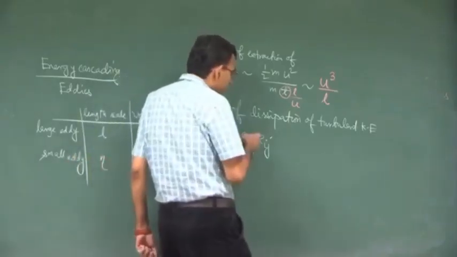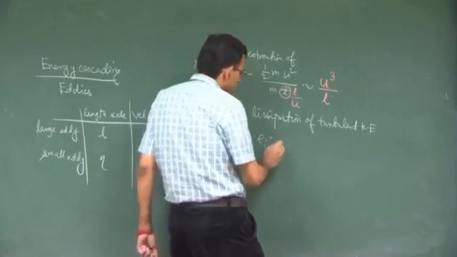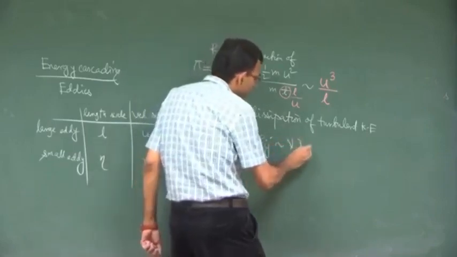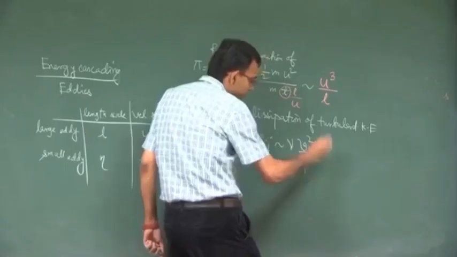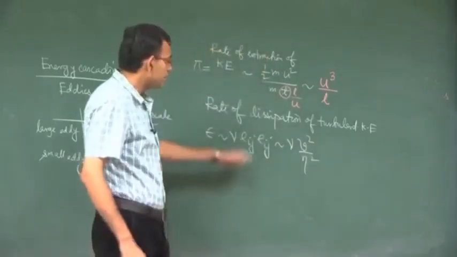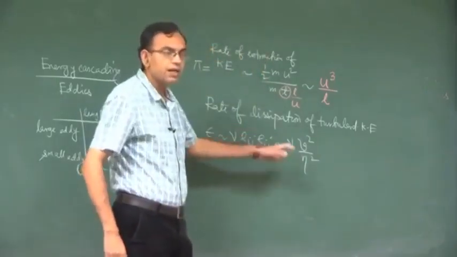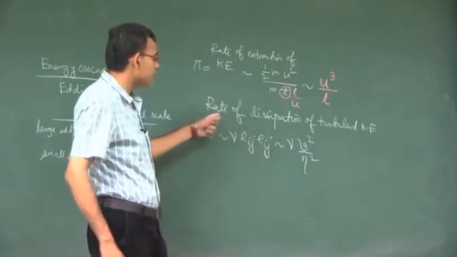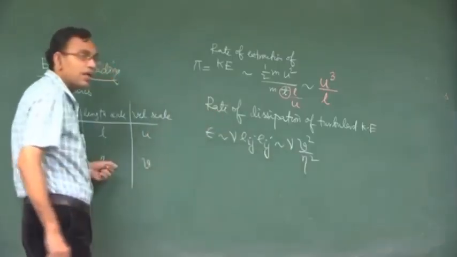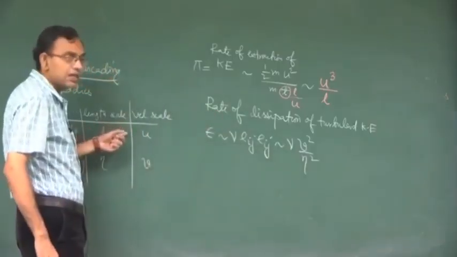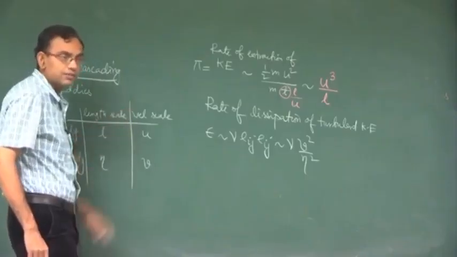So, rate of deformation is velocity gradient. So, this is of the order of nu v square by eta square. The velocity gradient is of the order of v by eta, and rate of dissipation is important for the small eddy, and extraction of kinetic energy is important for the large eddy. Okay.